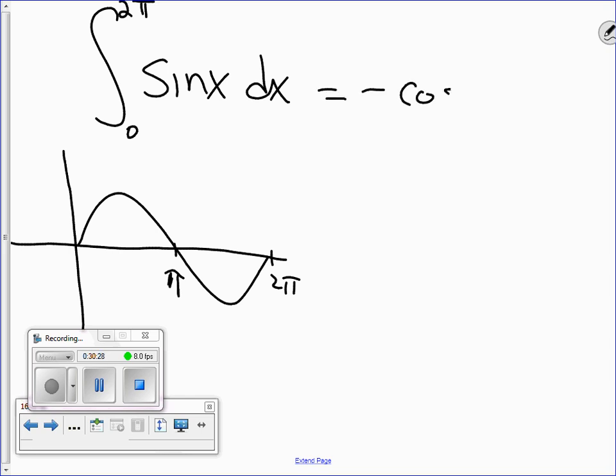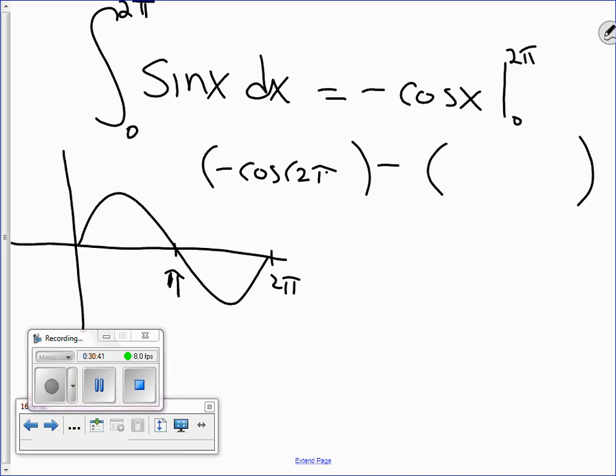Negative cosine x. Okay, so we're going to plug in the upper limit. Negative cosine of 2 pi minus the negative cosine of 0.